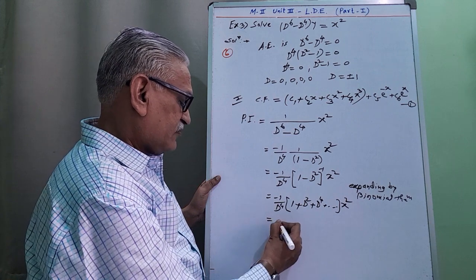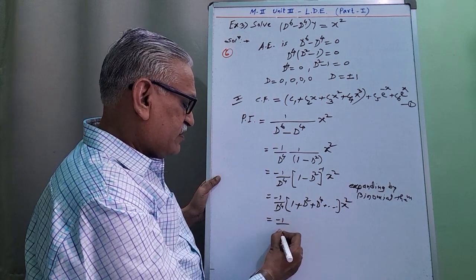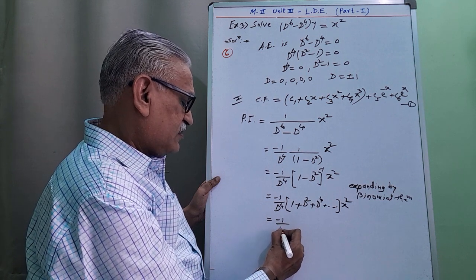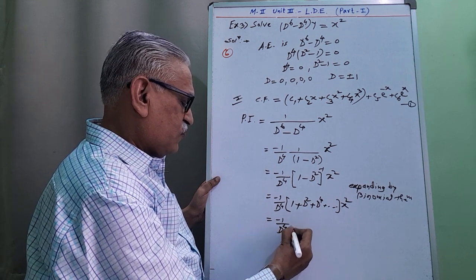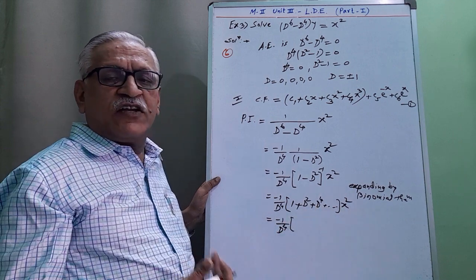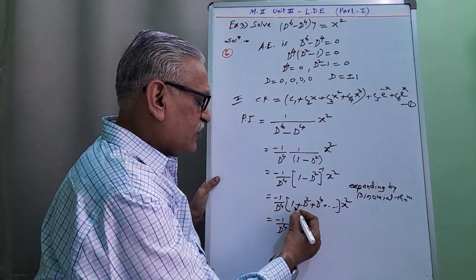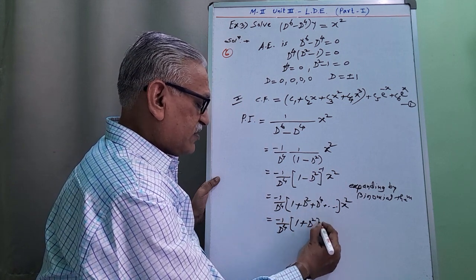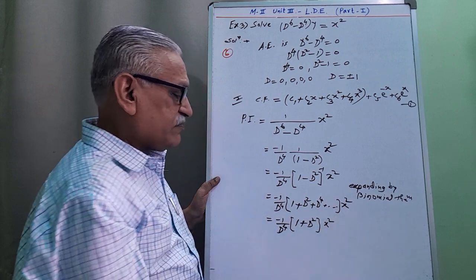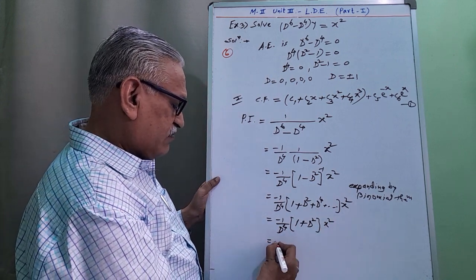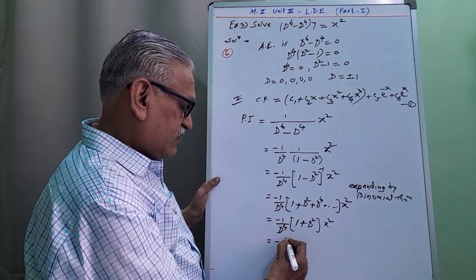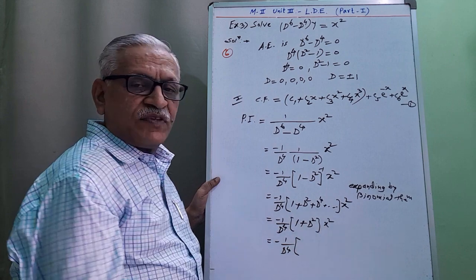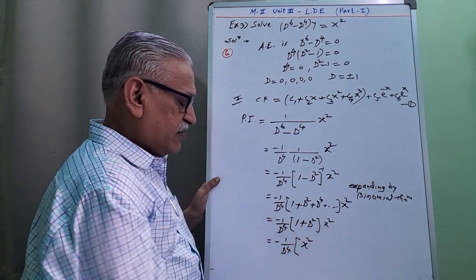Then, minus 1 by d raised to 4, neglecting d cube and higher order derivatives. Therefore, considering only the first two terms, that is 1 plus d square, which we have to operate on x square, we get minus 1 by d raised to 4. 1 into x square, we get x square.